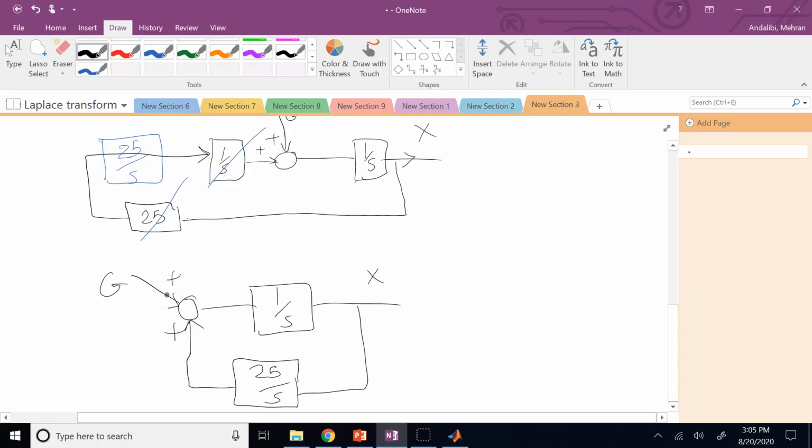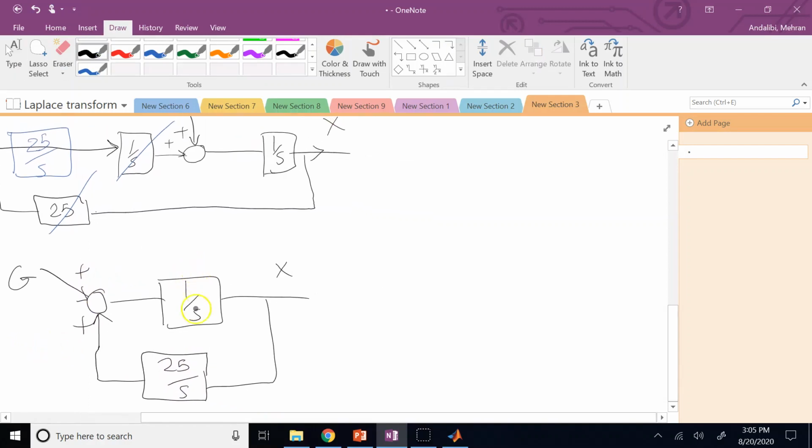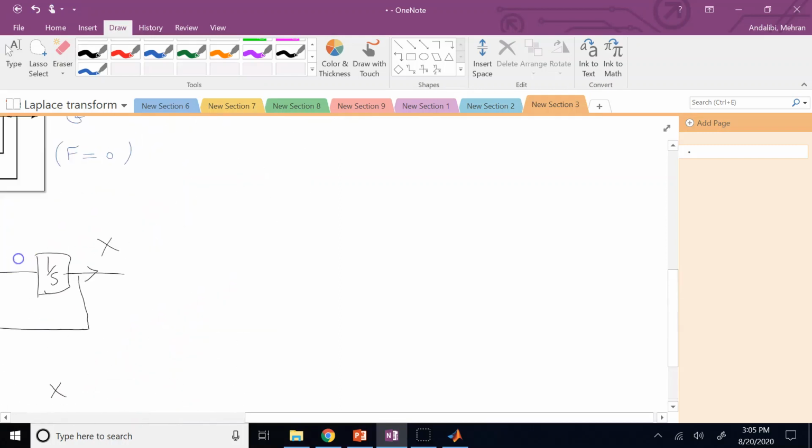Okay, and now it's a simple feedback. The only difference is here at the feedback, both of these are positive, not negative. Therefore, x over g is going to be this over 1 minus the product of the two, okay?